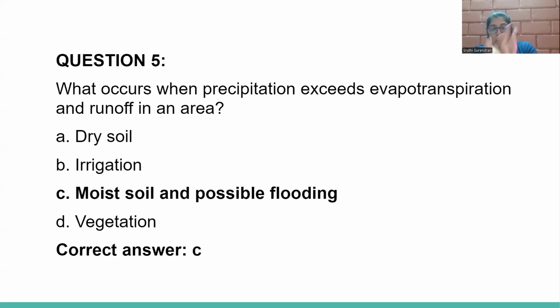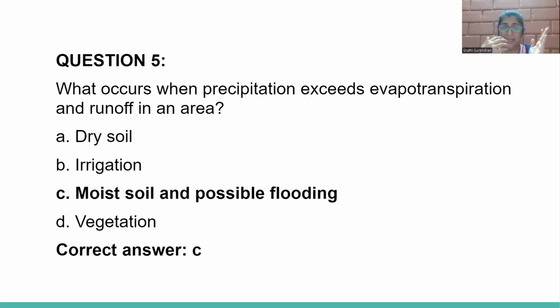So what happens when precipitation occurs, and the rate of precipitation is more than the rate of evapotranspiration? Evapotranspiration is nothing but evaporation and transpiration. Evaporation is the water vapor going back into the atmosphere. Transpiration is the water that is released by leaves in the form of water vapor.